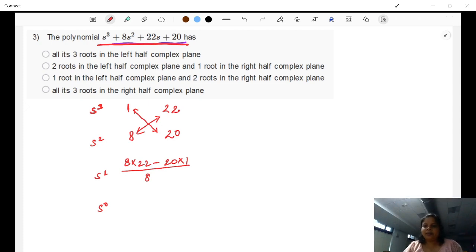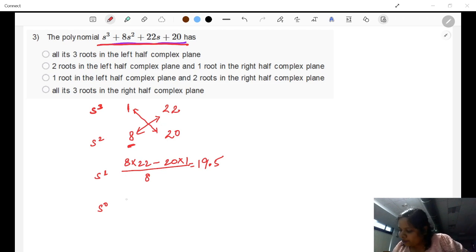But here you are not supposed to do that. Rather, you have to take it the opposite way. So 8 into 22 minus 20 into 1, divided by the last element that you had for the previous power of s. When you calculate this, you get 19.5.